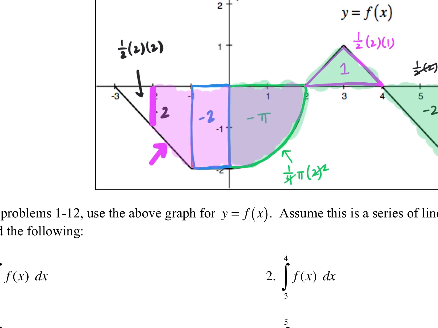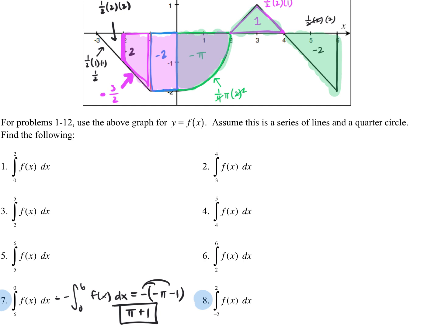Well, I can find the area of this smaller triangle here, and then subtract it from our area of 2. So this is going to be 1/2 times my base of 1 and my height of 1. So this little triangle is equal to 1/2, which means if the big triangle was worth 2, this part here in pink left over, this piece right here, would be 3/2.